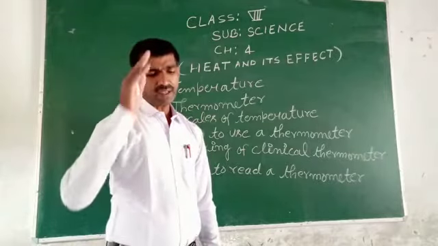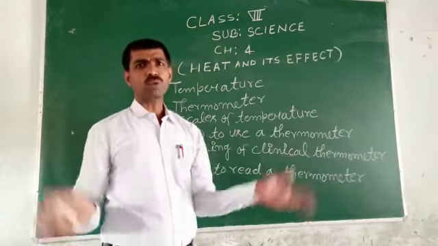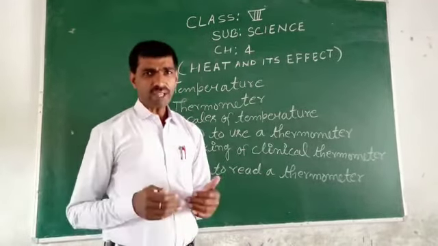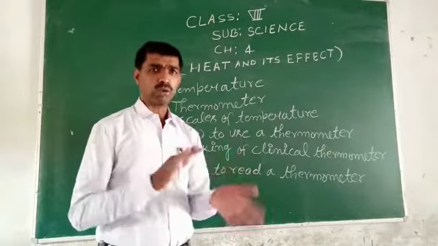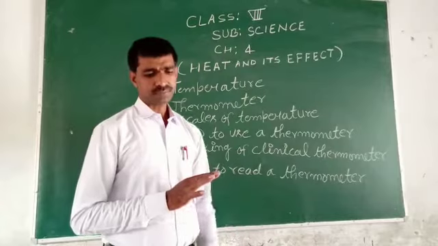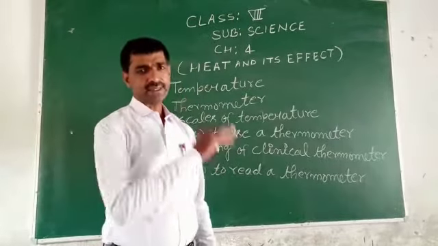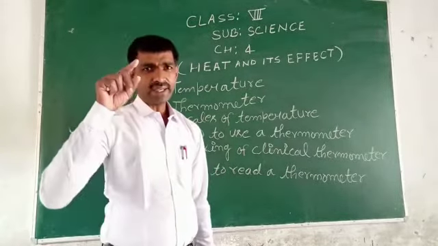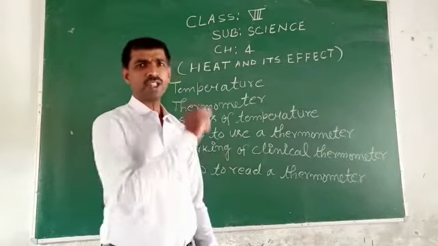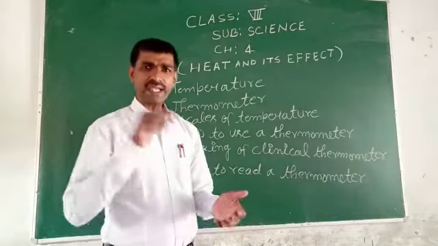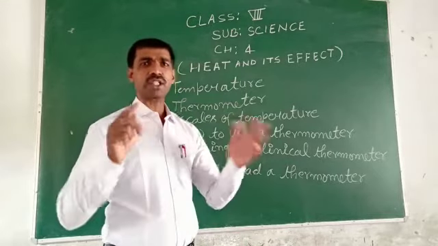We can feel how hot or cool an object is by touching it. When we touch a certain object, we feel it is hot, and when we touch another object, we feel it is cool.